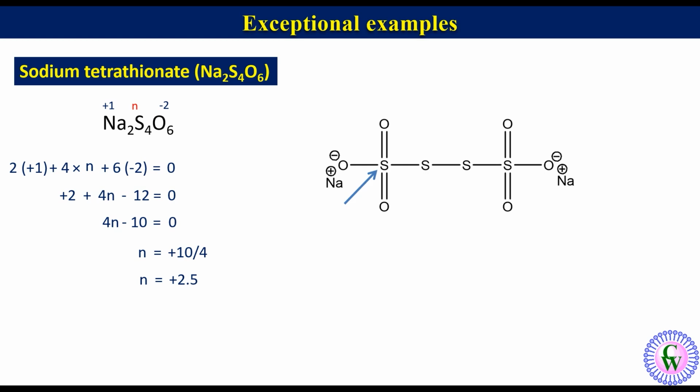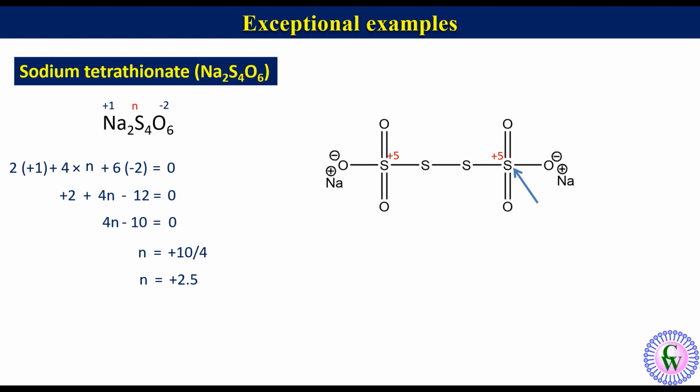As we can see, it is bonded to 3 oxygen atoms with 5 covalent bonds. So, because of this, the oxidation number of this sulfur will be +5. Similarly, the oxidation number of this sulfur will also be +5.